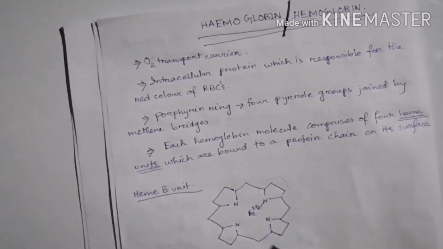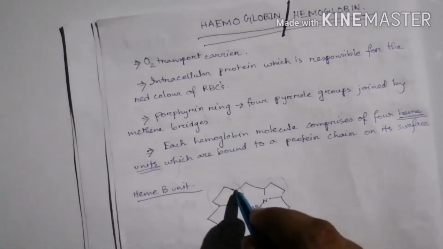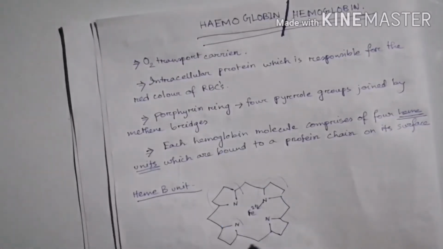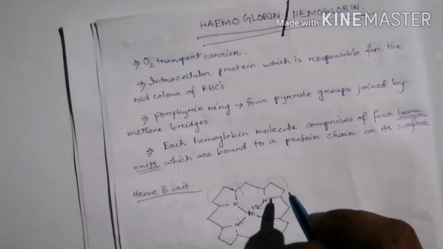These are the 4 pyrrole groups, and these are the 4 methane bridges.